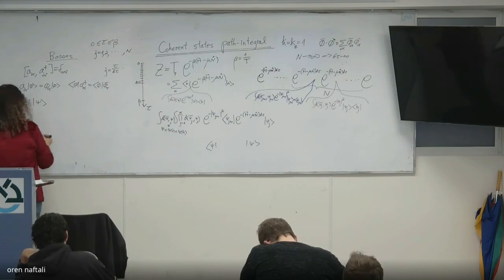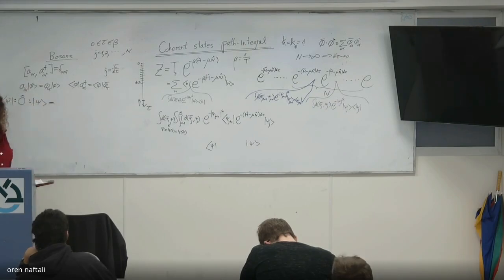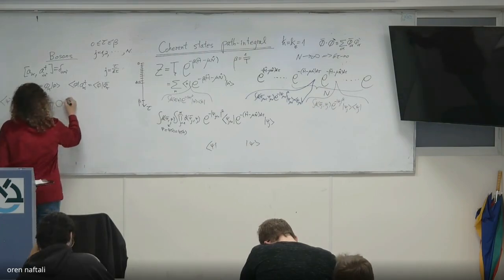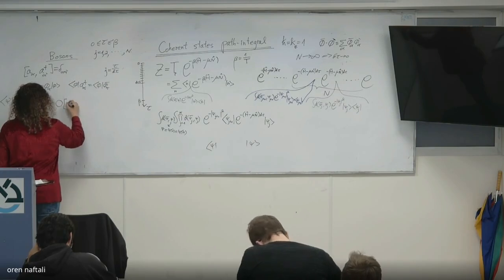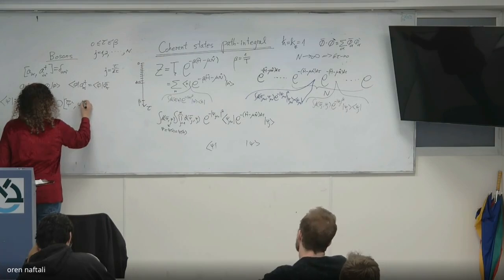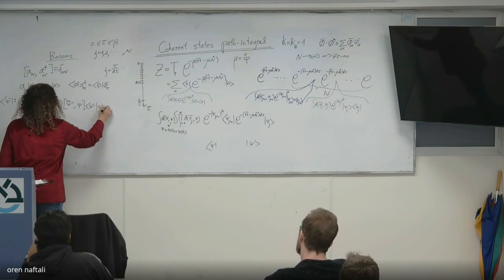Okay, so in other words, you can easily convince yourself, just do the exercise for a small number of operators and you'll see. You are going to get a functional of, write it like this, of psi prime bar and of psi, times psi bar psi.